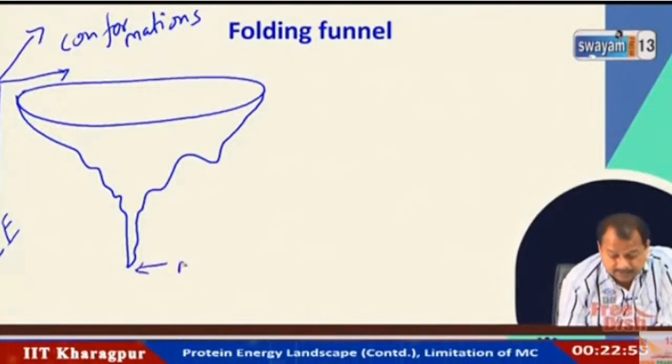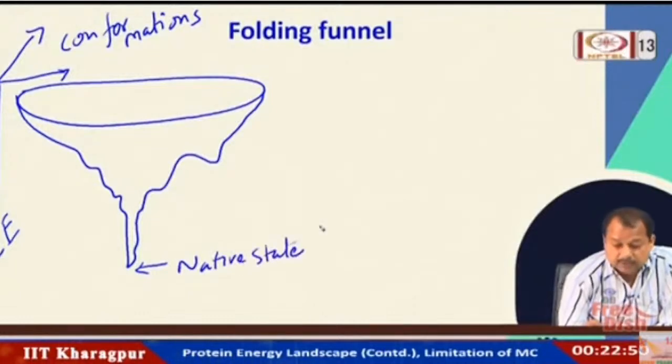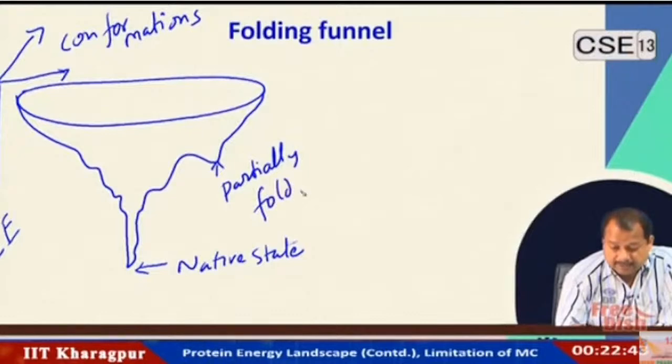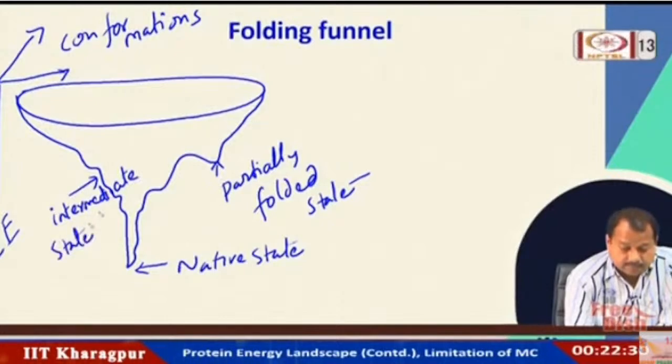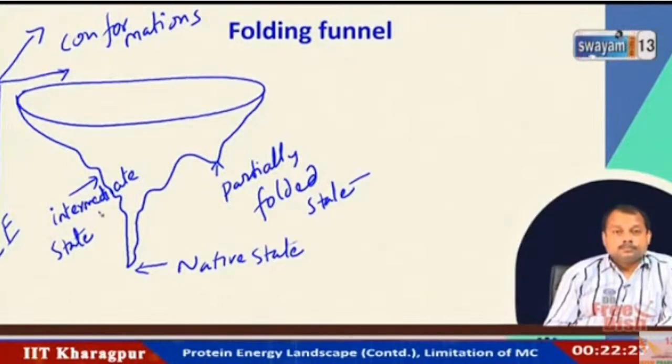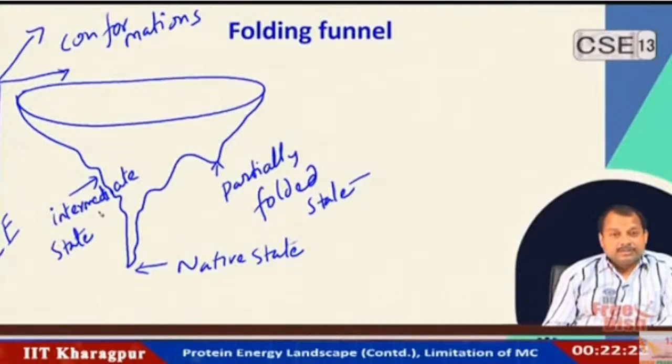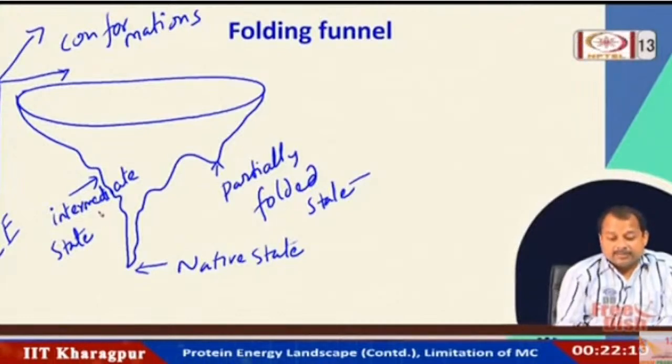This is my native state. This you can consider as a partially folded state, or you can consider this as an intermediate. So, this is my folding funnel, with this intermediate state and this native state.